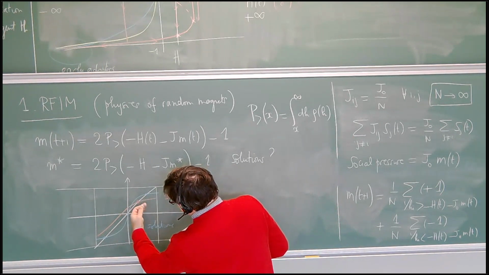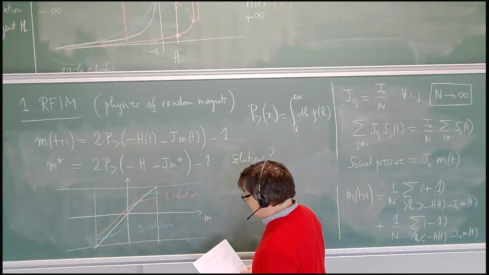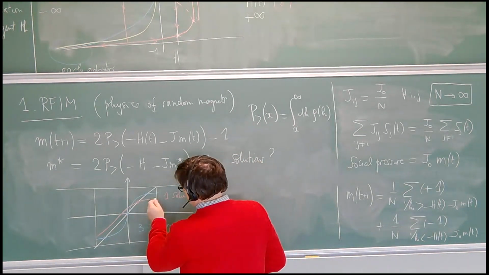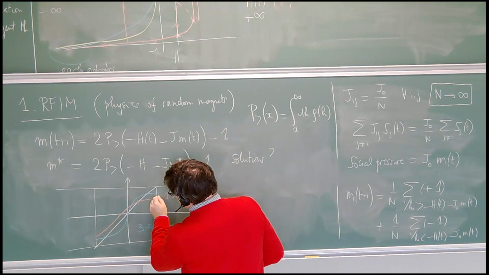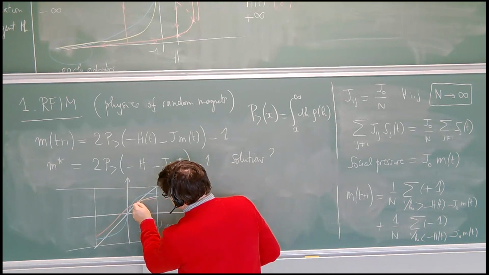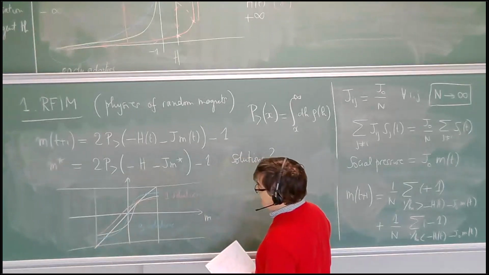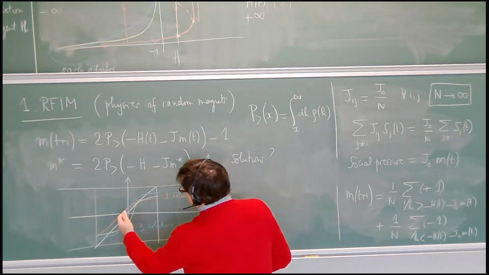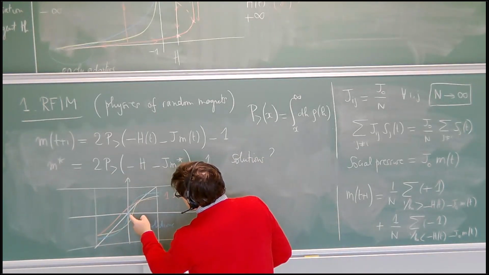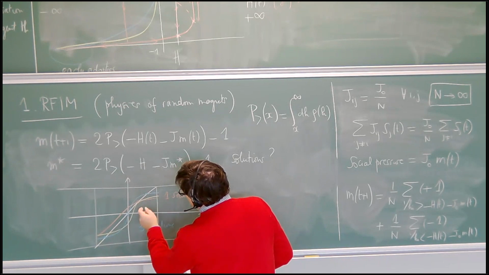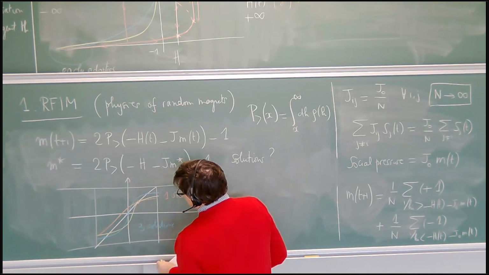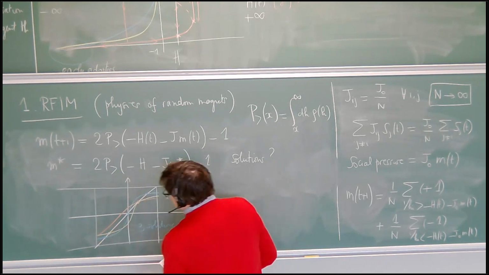So imagine that I'm pushing the blue line a little bit to the right. Then at one point, I will have something like this. Okay, so I can deform the blue line in such a way that these two solutions merge into a single solution, and then there's a second one that is here.